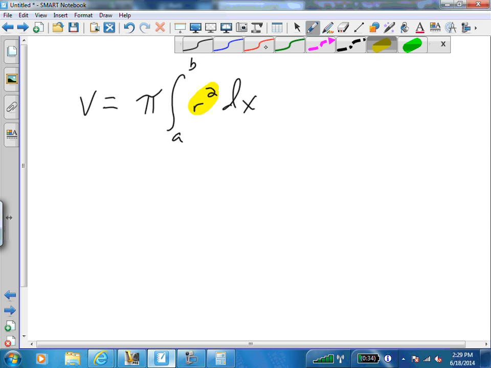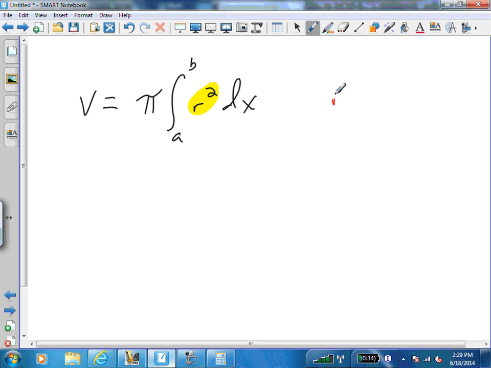So the radius is always going to be the distance from your curve to your axis of symmetry.